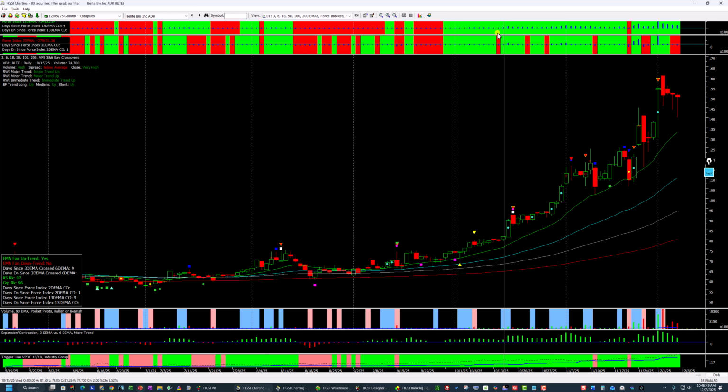The histogram was getting higher as there was more force coming in to the move. And all of these here were catapult days, potential catapult days, I should say. And this would have been a good trade, just following the principles that David uses.